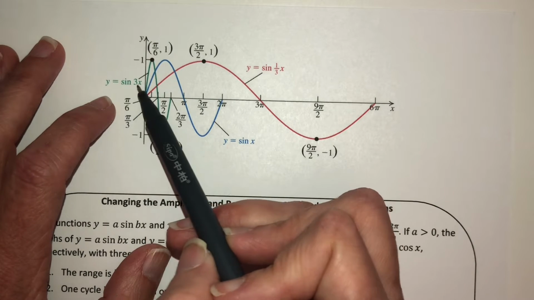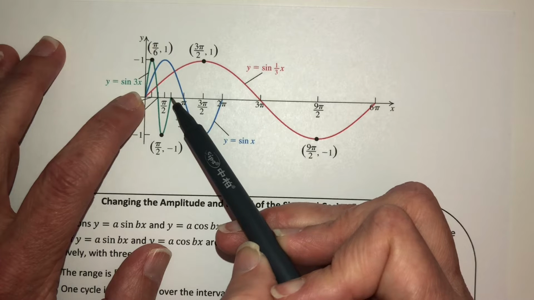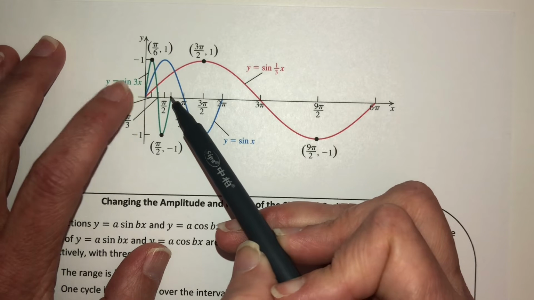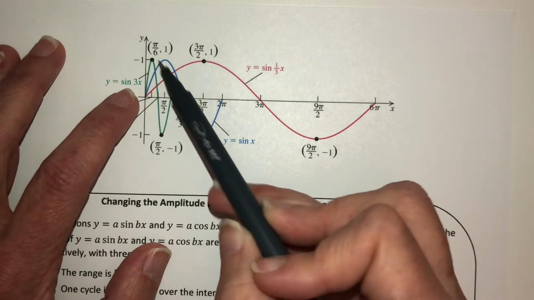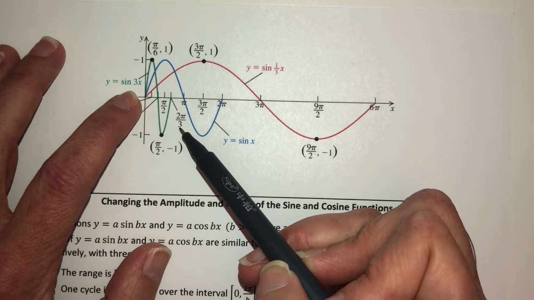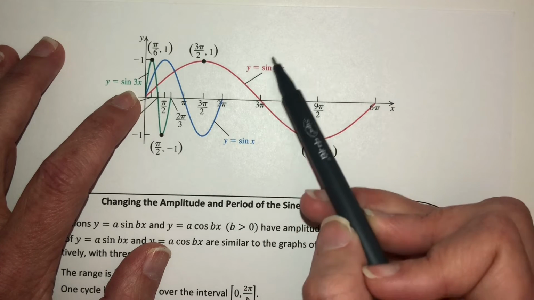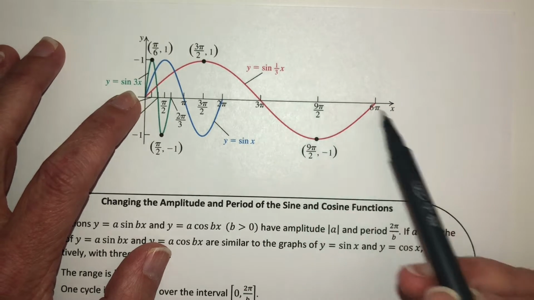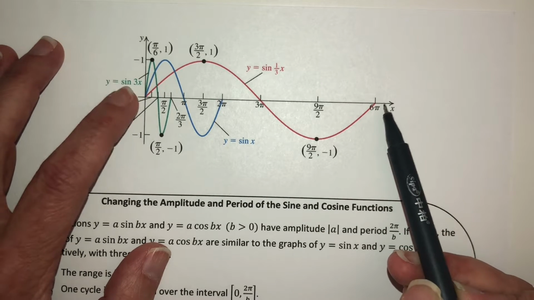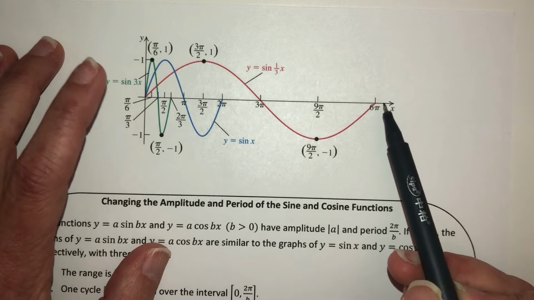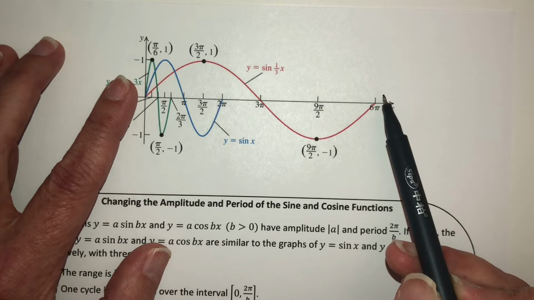If I have sine of 3x, that compressed it down so that now it completes its whole cycle in 2 pi over 3. Here, if I have a multiplier of 1/3, its period is now 6 pi. It takes 6 pi units to complete one cycle.